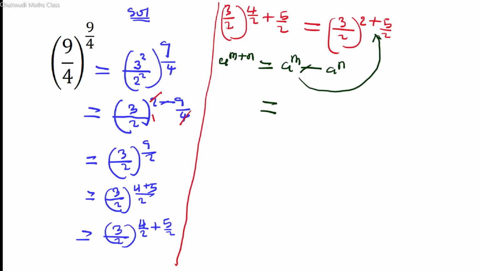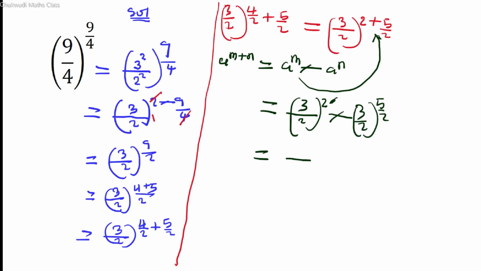This one is going to be equal to (3/2) raised to the power 2 multiplied by (3/2) raised to the power 5/2. This 2 that is outside the brackets belongs to everything inside the bracket. So this one is 3 raised to the power 2, which is 9, and 2 raised to the power 2, which is 4, multiplied by (3/2) raised to the power 5/2.